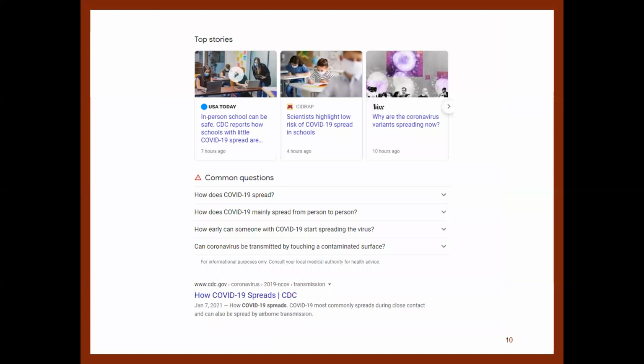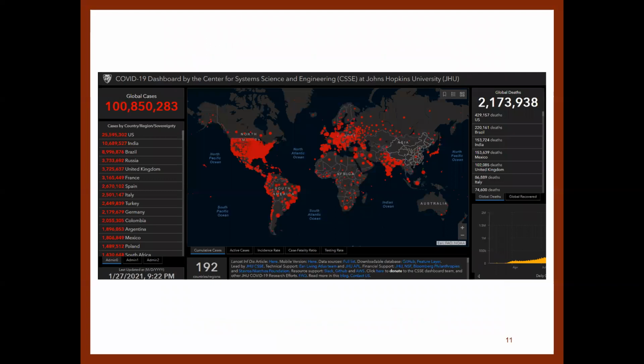So comparing with our current situation, we're dealing with this new pandemic, this new outbreak, and you can see that there's a need for engineered systems that can help us deal with the current situation. This dashboard is representing COVID-19.